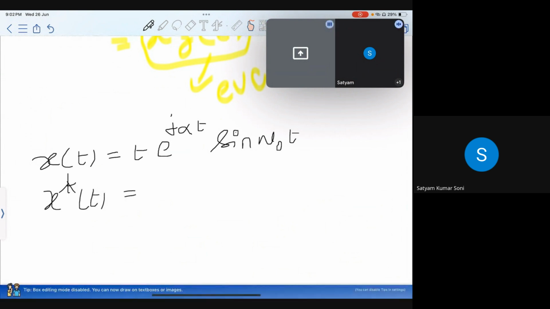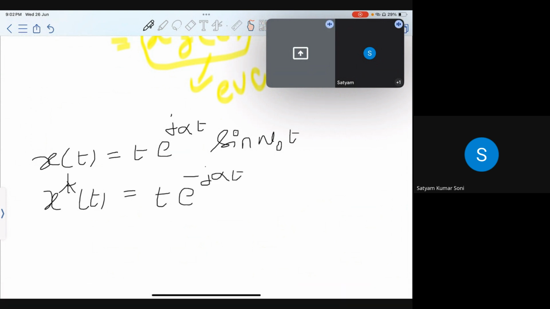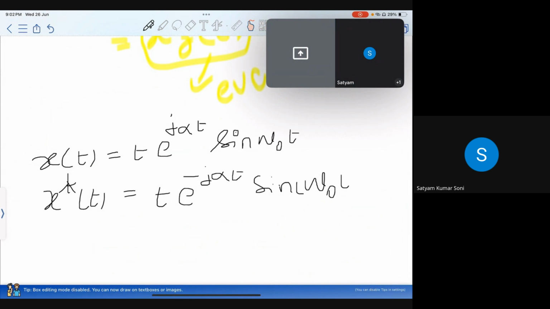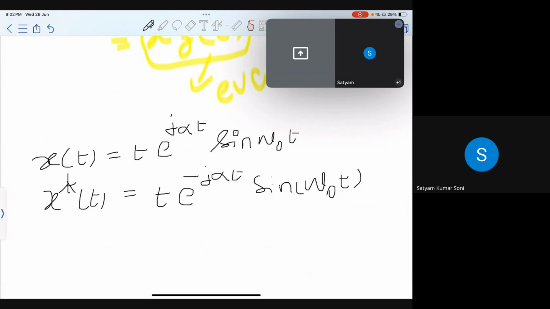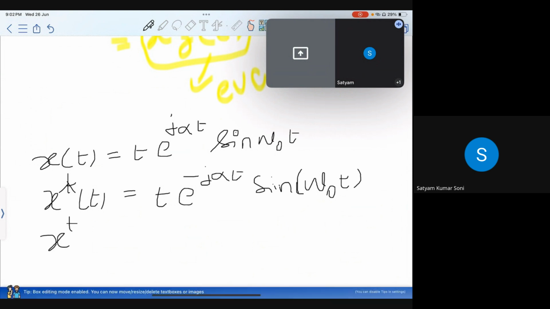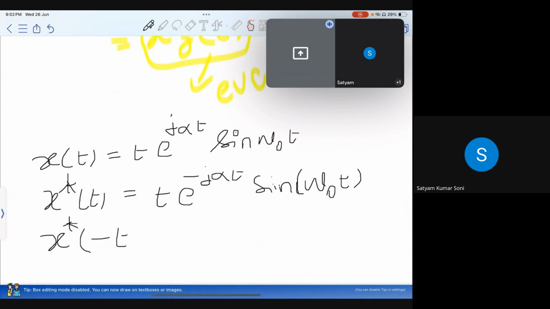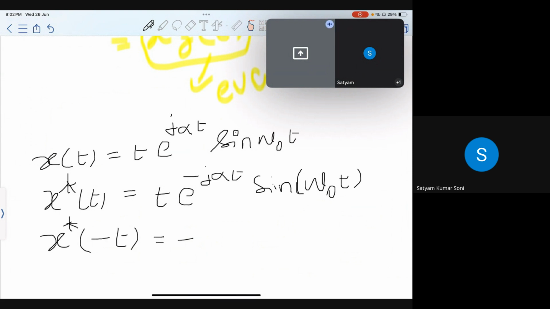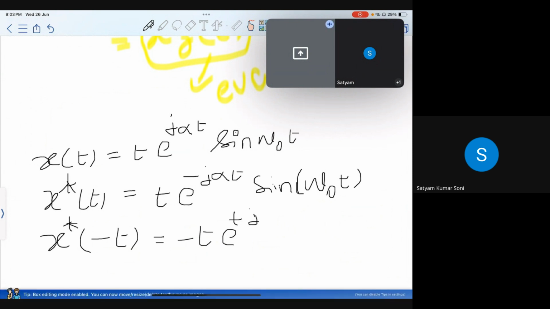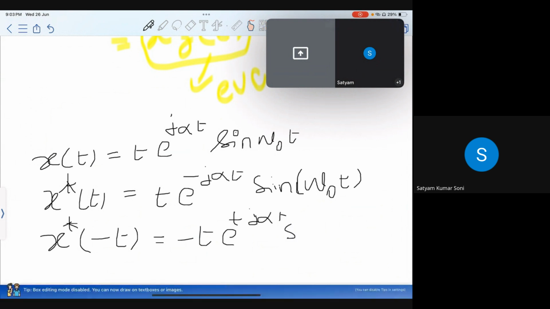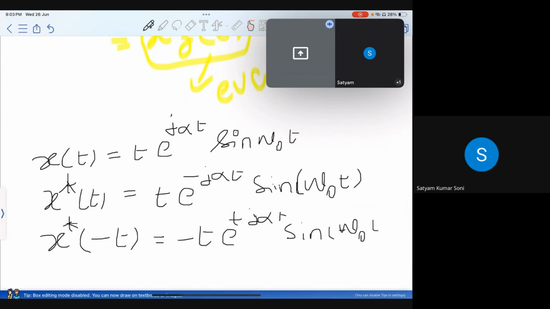X star of t is t e power minus j alpha t sine omega naught t. Now what is x star of minus t? This is minus t e power j alpha t. Sine of minus t is sine t, so that is just sine omega naught t. Correct?